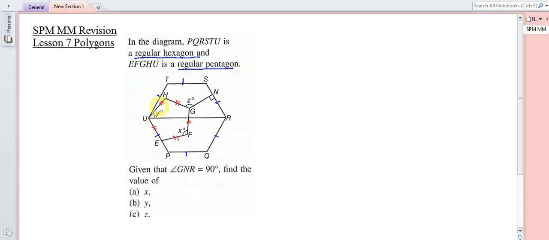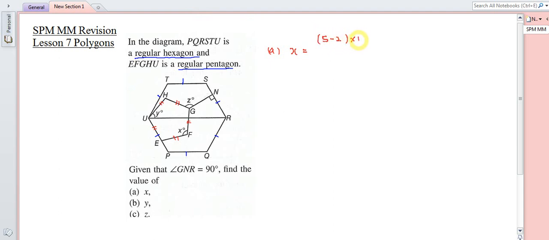So this is 1, 2, 3, 4, 5, 5 sides. x will be equal to 5 minus 2, times 180, divided by 5.